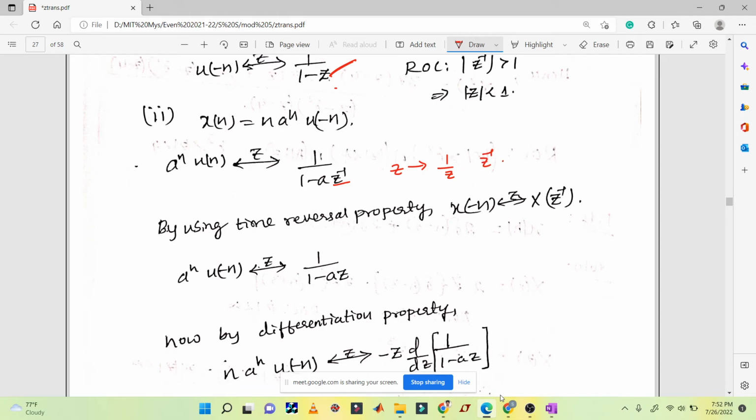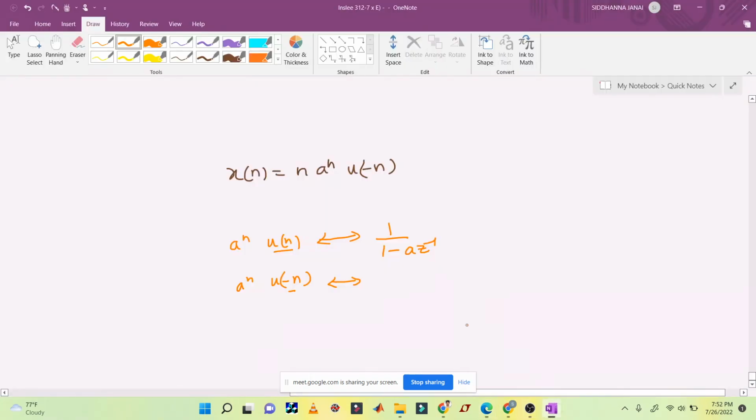If z inverse is there, I have to replace it by z. Both the meanings are same, right? So with that, what we get is 1 divided by 1 minus a into z.